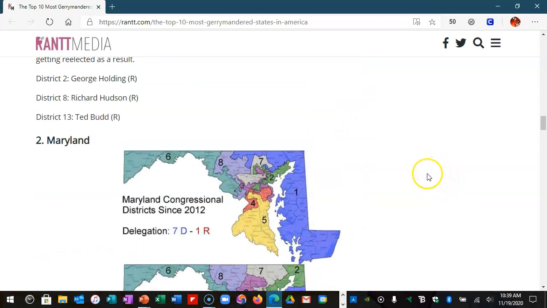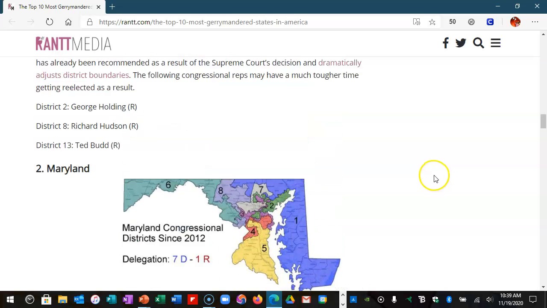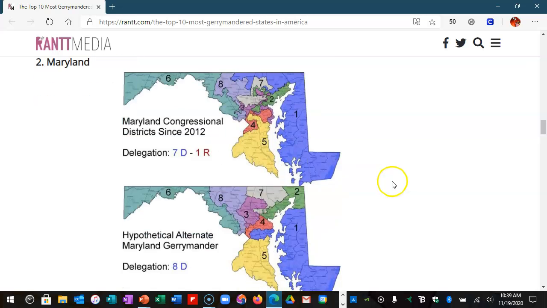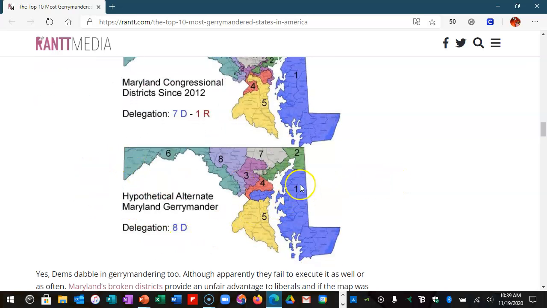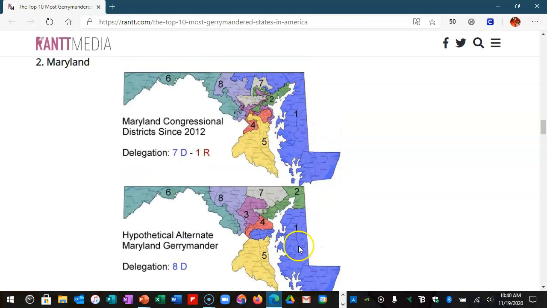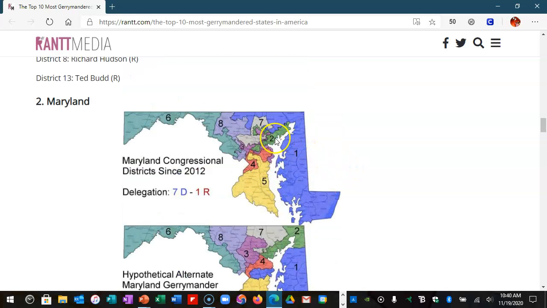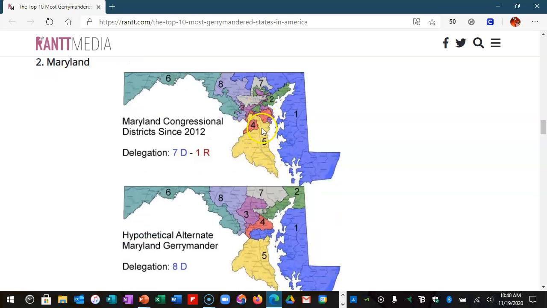Now look at Maryland. Maryland is a state that's gerrymandered to favor Democrats. This is a hypothetical situation where if they can redraw their lines, you can see what they do: they take 1 and 2 and 7, and take what is predominantly a Republican district in 4, break it up into areas around it.